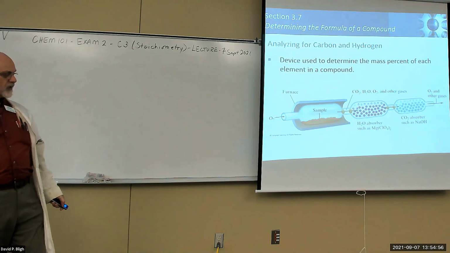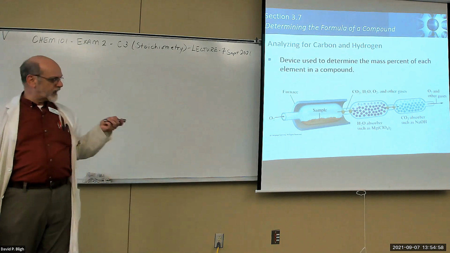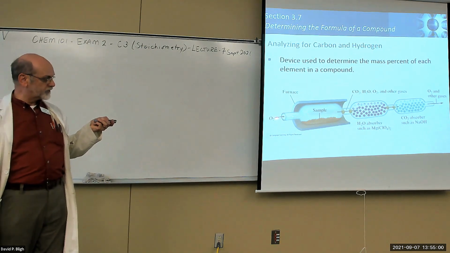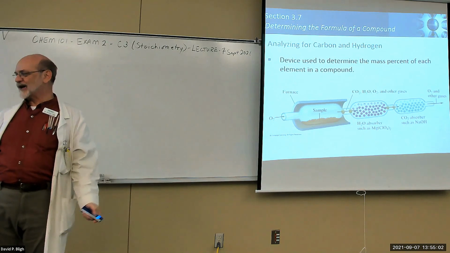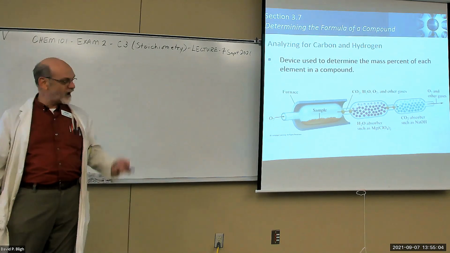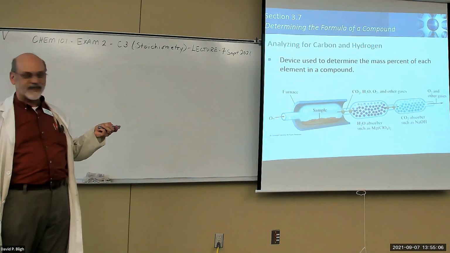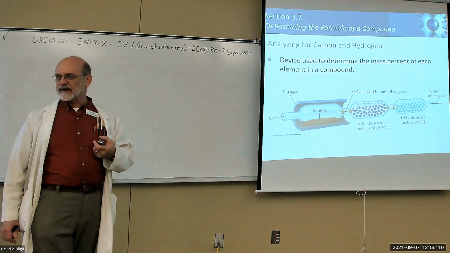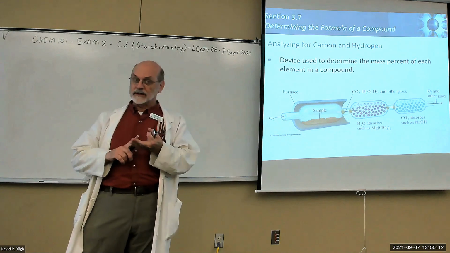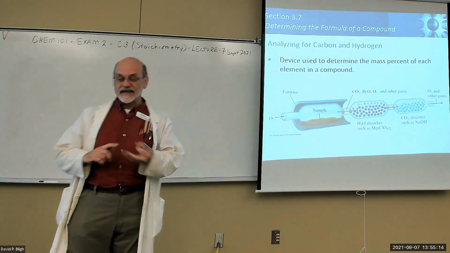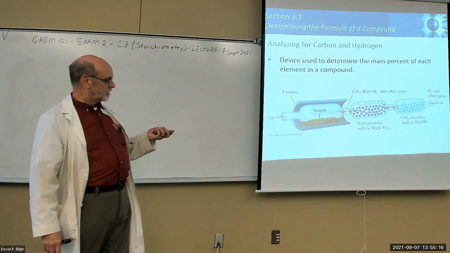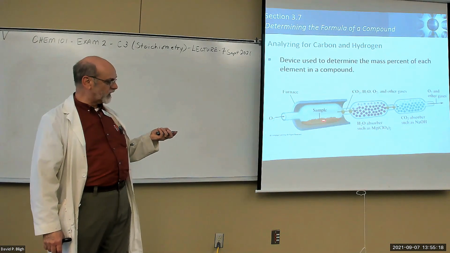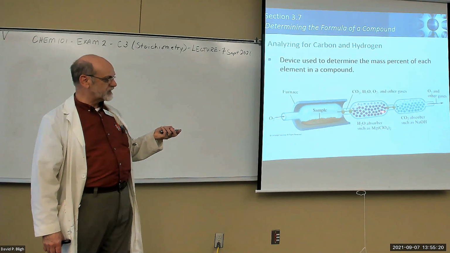Now, how much oxygen do you have there? Well, you can't tell from absorbing because you flushed the thing with oxygen, so that's out. Any oxygen that came out of here is going to be overwhelmed by that oxygen. But if you know that your compound is carbon, hydrogen, oxygen only, then by difference, you know how much the sample weighed beforehand, you know how much this is and how much that is.